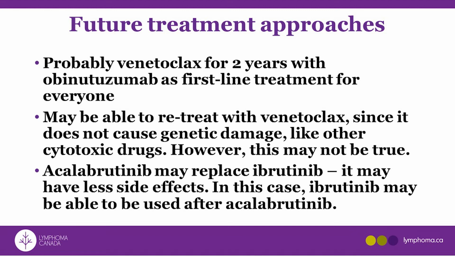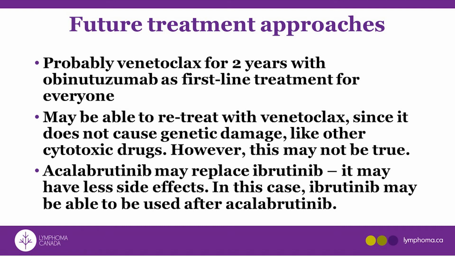I also think acalabrutinib may well replace ibrutinib. So ibrutinib is very effective but has a lot of chronic issues. Acalabrutinib is supposed to be a more selective BTK inhibitor. In that case, it's supposed to have fewer side effects, and so might be better tolerated. Again, we're doing a trial at Sunnybrook using this drug. My first experience with it was this year, but the literature was this month. But the literature elsewhere, the teaching is it's supposed to be a better tolerated drug.